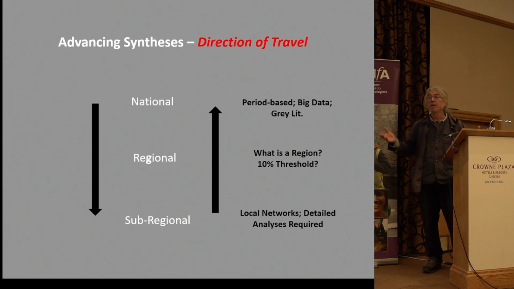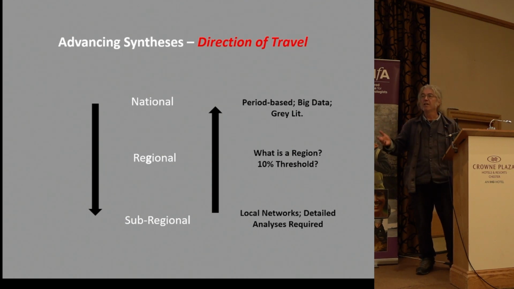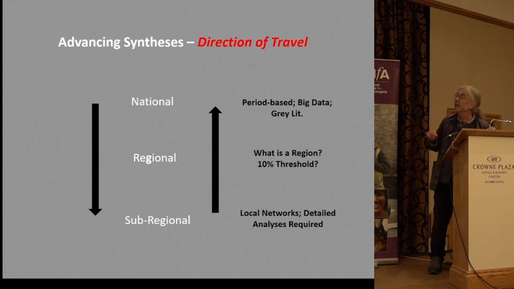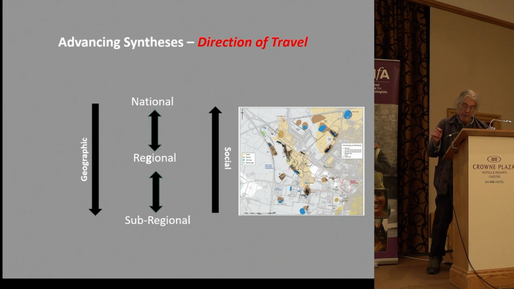What are we going to say? That we can only do proper analysis when we get 20, 30% of the sites dug? 10% is a reasonable sample by any criteria. Last slide, please.